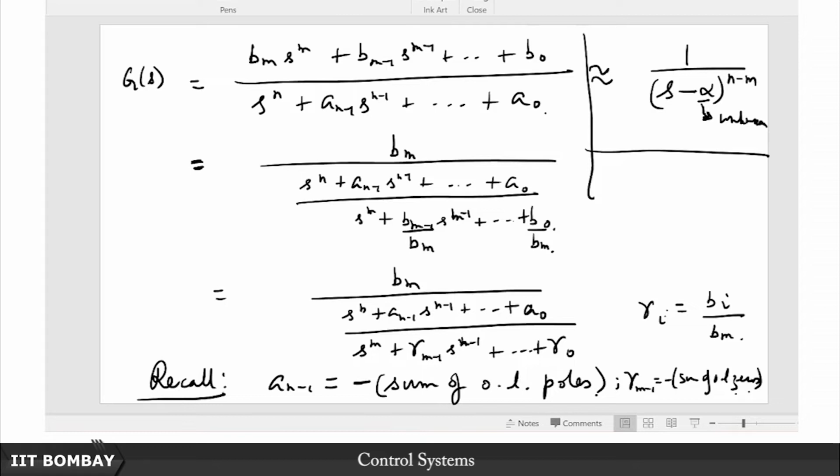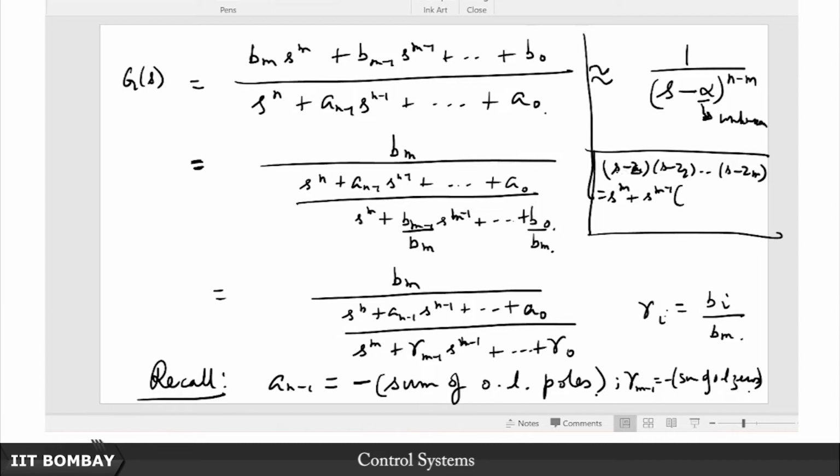So in any polynomial, you can always see that if you write a polynomial, again let me do a side bit of calculation here, let me just write it in the form s minus z1 into s minus z2 dot dot dot till s minus zm. So this will be s to the m, and what is the coefficient of s to the m minus 1?